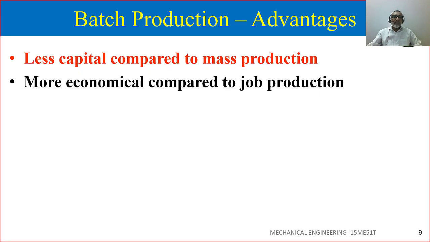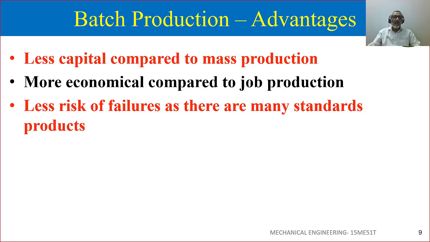And compared to job production, this is more economical. That means the cost per unit is going to be lower in batch production compared to job production. If you are producing the same item in both job and batch production, batch production will cost less per item.